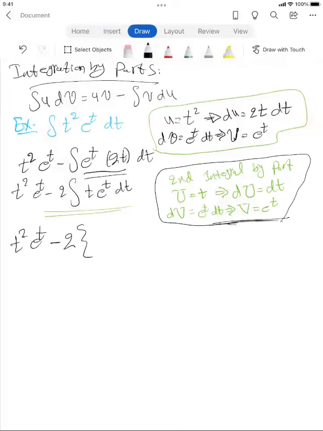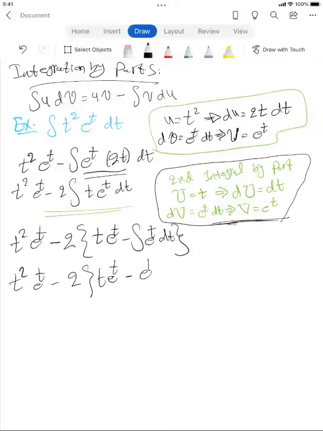or second integration by parts, is going to be u and v minus integral of v, and du is simply dt. And this one becomes t e to the t minus t, minus 2, t e to the t, and integration of e to the t is simply e to the t.